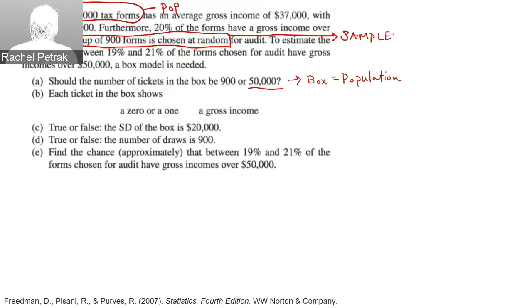One thing that gives us a clue to help us discriminate between these two when reading is that we're told that the 900 forms are chosen at random. A sample is a group randomly chosen from the population, or ideally randomly chosen.